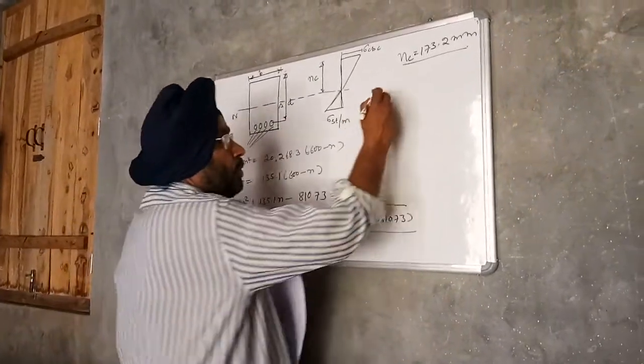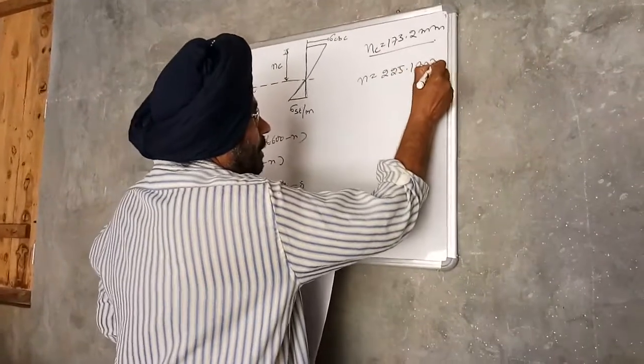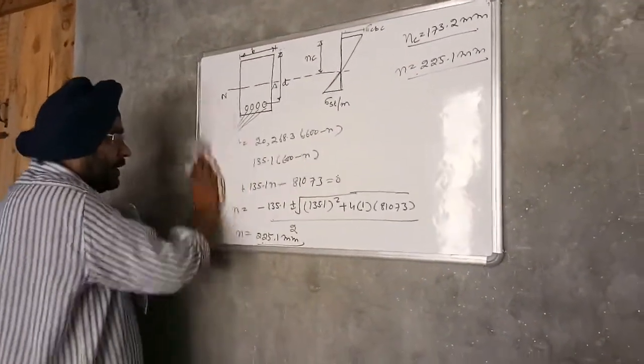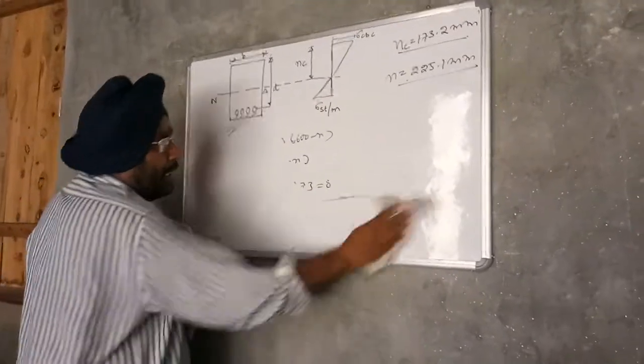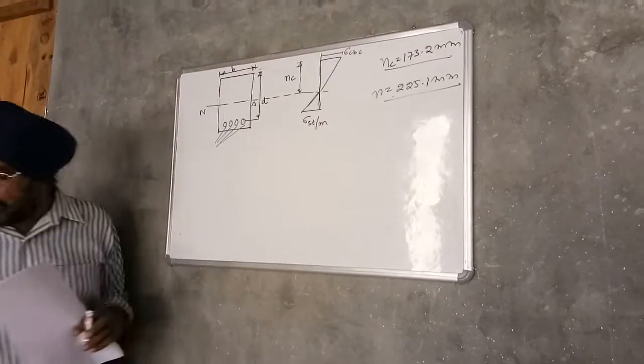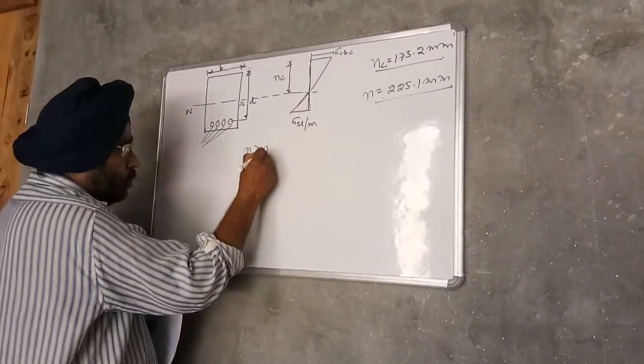So n is equal to 225.1 millimeter, NC, the critical neutral axis, is 173.2 millimeter, and the depth of the actual neutral axis is 225.1. So n is more than NC.